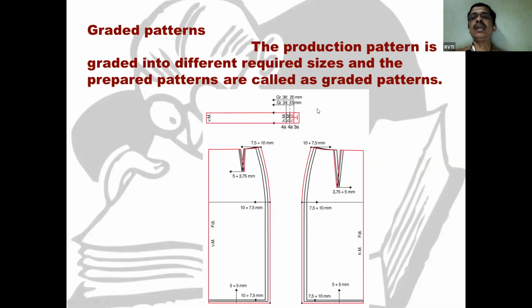Pattern grading is a process of enlarging or reducing a pattern from one size to another size proportionately. In the definition of pattern grading, the word proportion is very, very important. If the patterns are graded into different sizes, then they are called graded patterns.